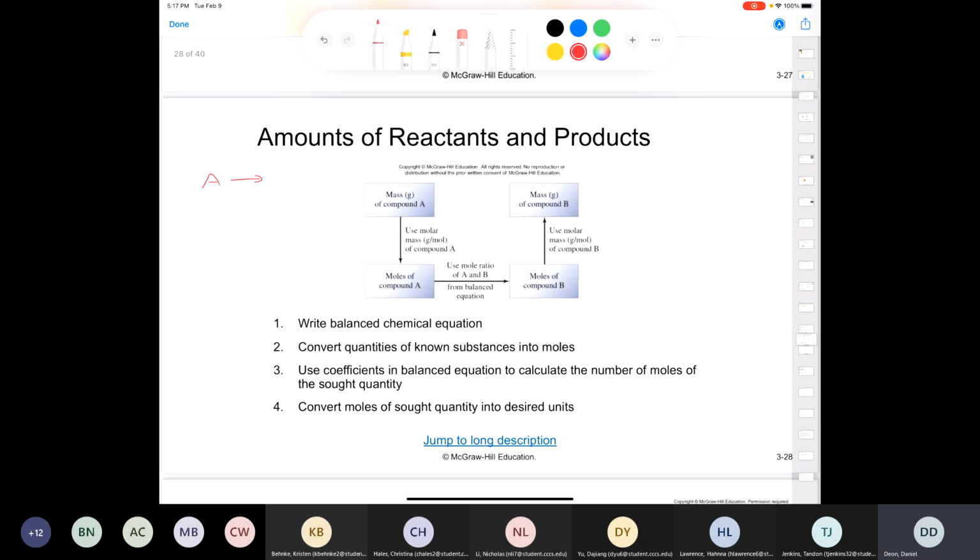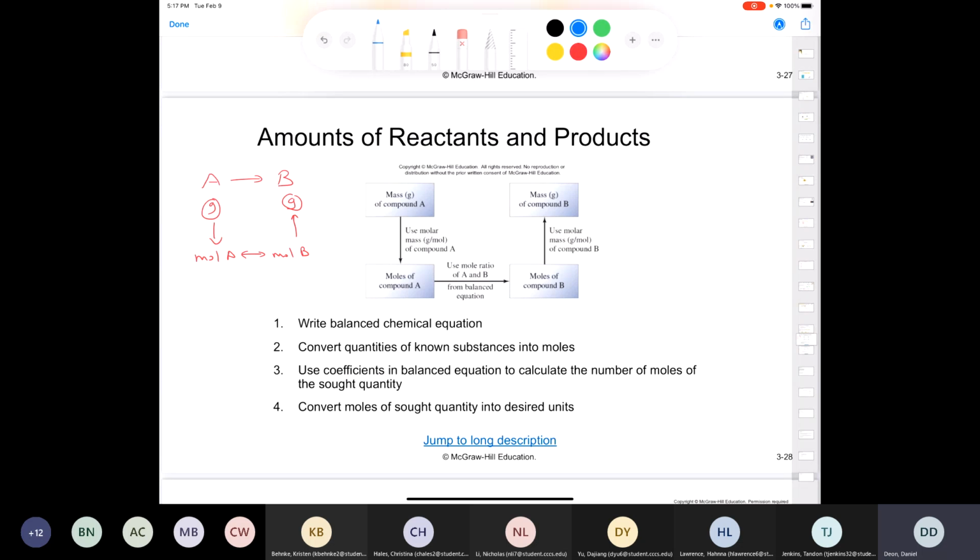If we have A going to B, and you were given a mass in grams of A, in order to compare that to grams of B, you have to convert that to moles of A, and then do a conversion between moles of A and moles of B using your balanced equation. Then you can convert the number of moles of B to the grams of B.